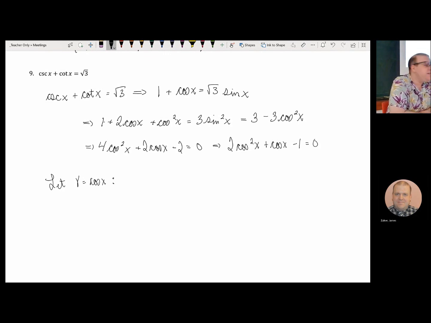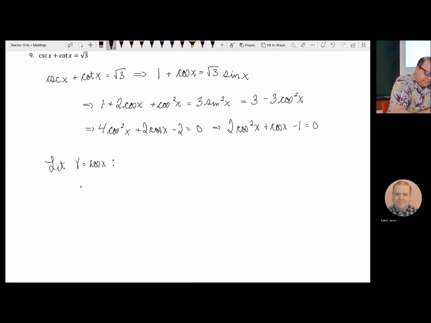And just to make it easier to see, change a variable, let gamma be cosine of x. That can be factored.